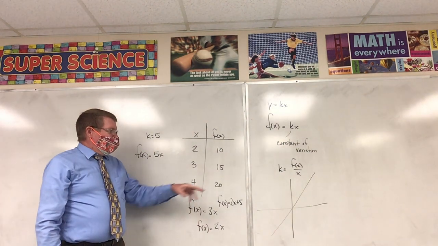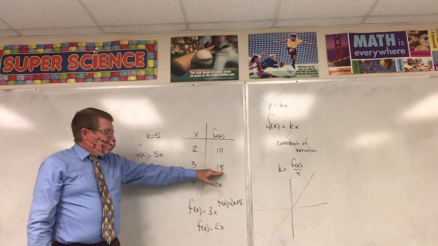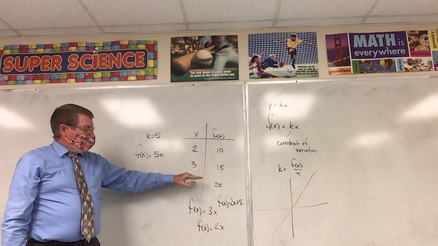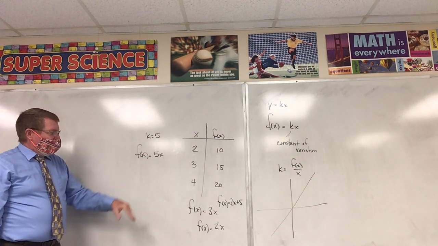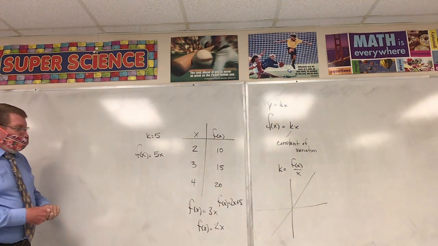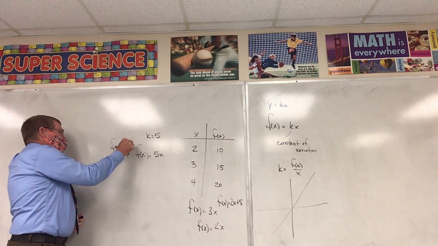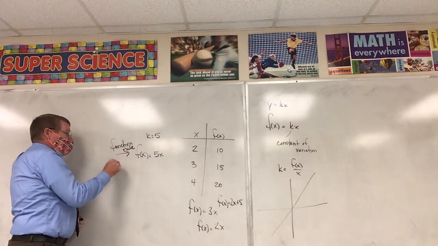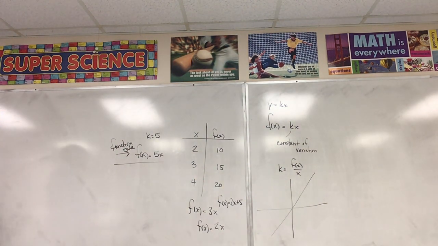How do I know what my k is? My output divided by my input, all the same. My k is 5. So this is my function rule. So anytime the question is, what is the function rule, that is what I'm looking for: f of x equals 5x or 6x or negative 3x or whatever the function rule is supposed to be.